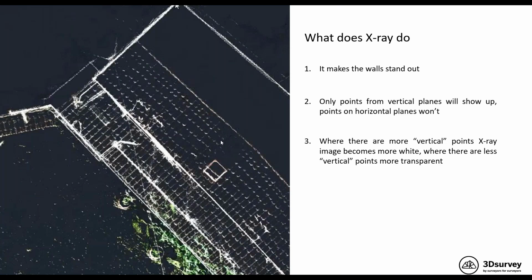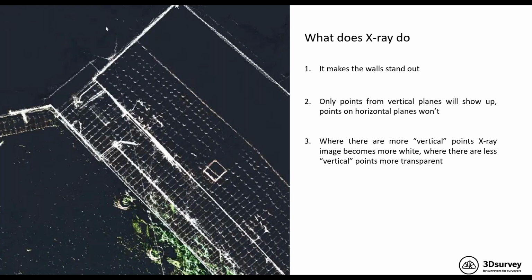It's called Xray. What Xray does is create an image on which walls are better visible. So it makes walls stand out. It does that by showing only points that are on vertical planes. Points that are on a horizontal plane, like for example on the ground, will not show up.